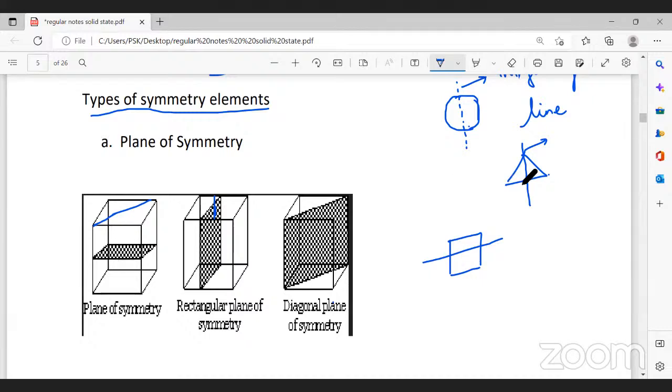Yes, sir. Now, when I was talking about the circle, the triangle and the square, I told you imaginary line. But in case of a cube, it is an imaginary plane.